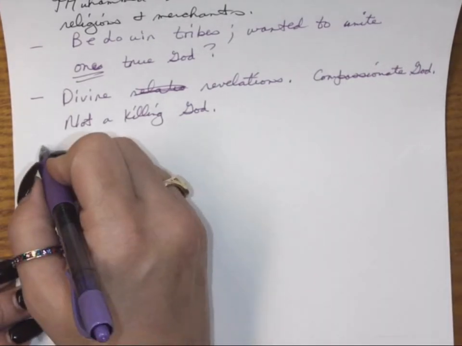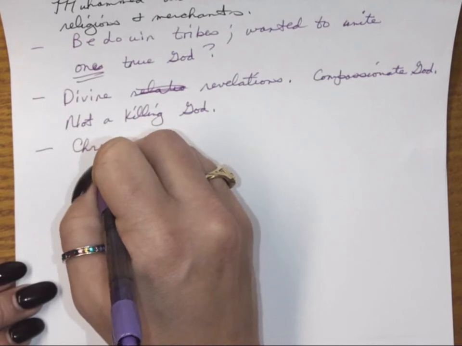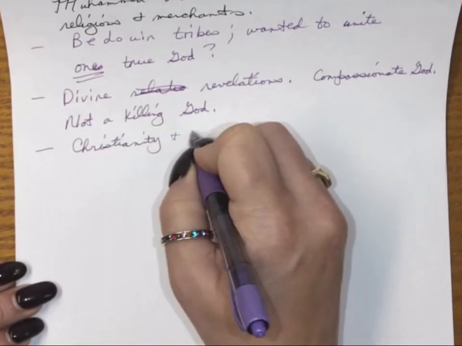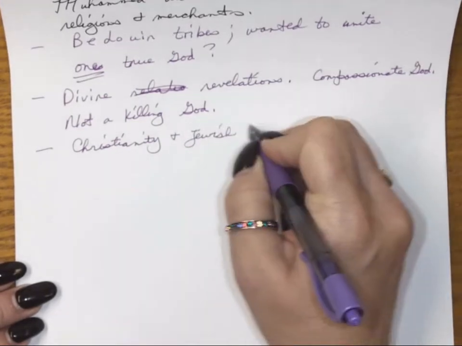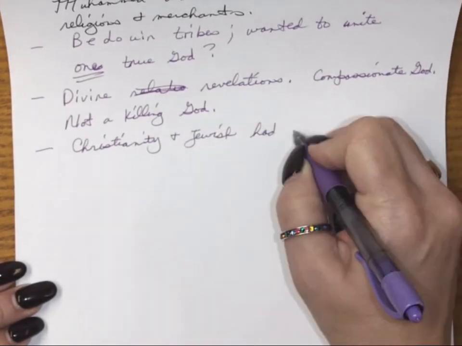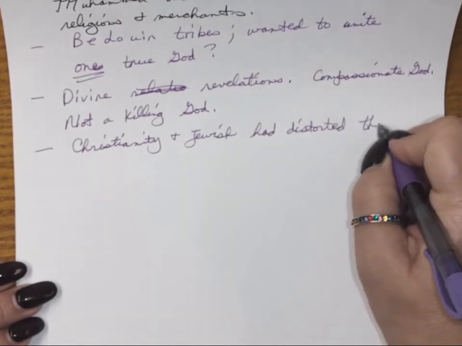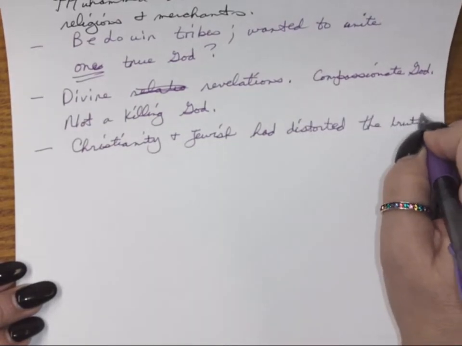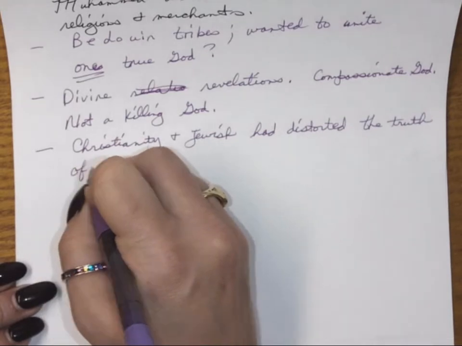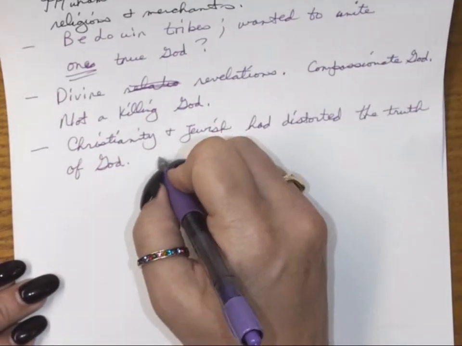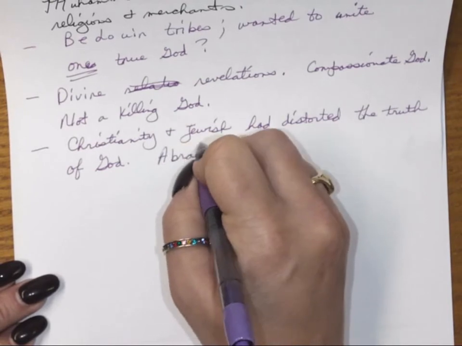So he felt that Christianity and Judaism, the Jewish people, had distorted the truth of God. For instance, in his mind, Abraham and Jesus were prophets.